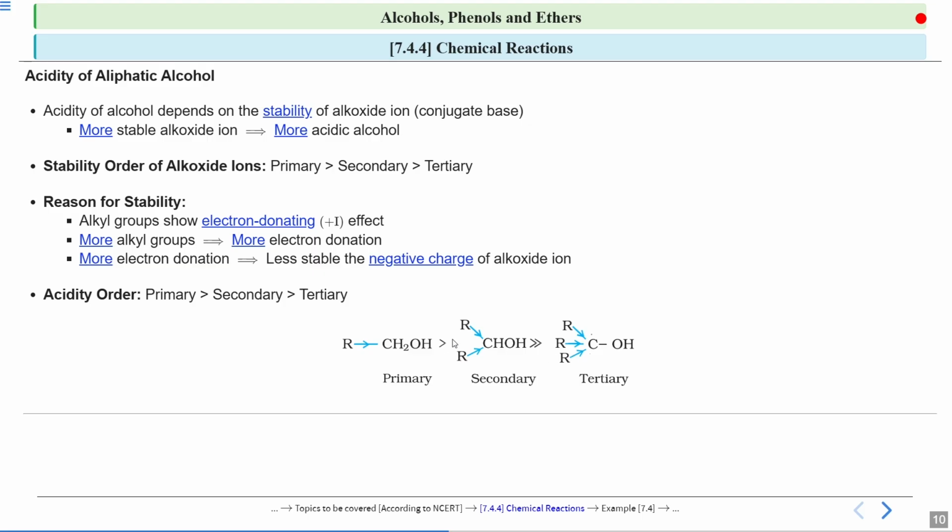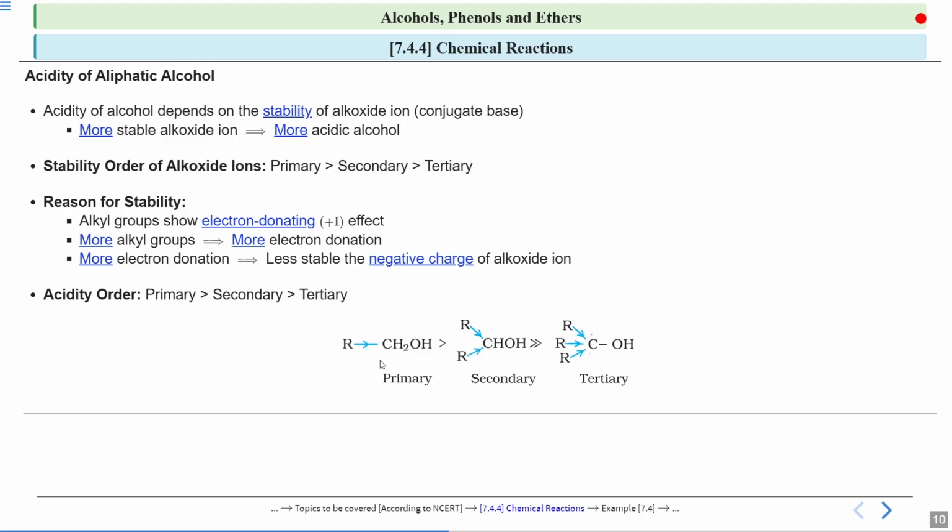So I told you the stability of the alkoxide ions, where this oxygen will donate its H plus, follows the order primary, secondary, and tertiary. If I ask you which one will be more acidic, primary, secondary, or tertiary? You will say, because the alkoxide ion of primary alcohol is more stable, the acidity order will be primary, secondary, and tertiary.